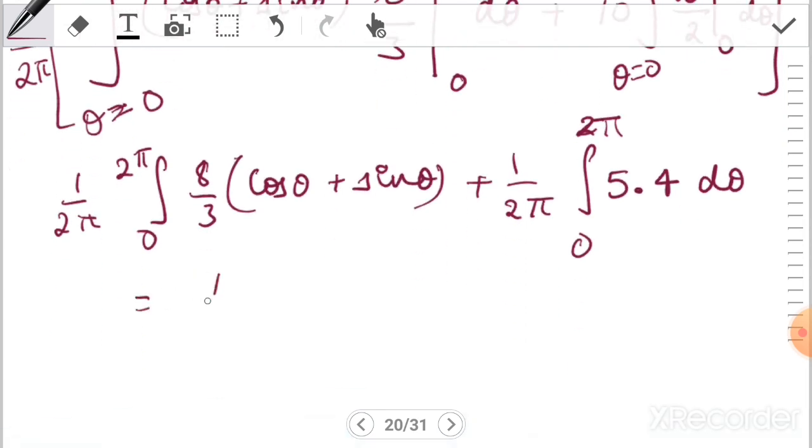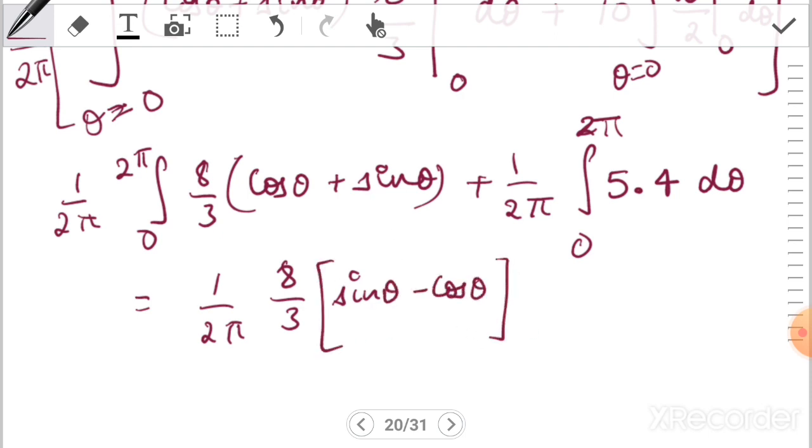Integrating cos theta gives sin theta, and sin theta gives minus cos theta, from 0 to 2 pi, plus 1 by 2 pi.